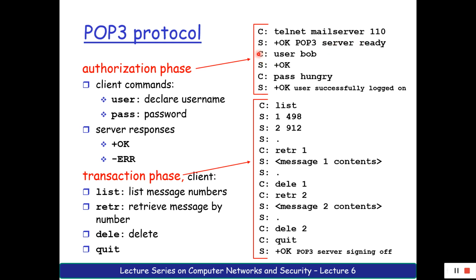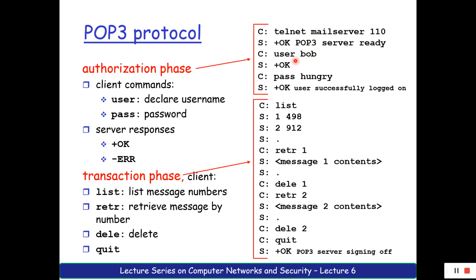Next, the client sends the USER command with the name, that is Bob. Whatever username you have, that username will be sent. So USER space Bob. When this command reaches the server, the server is going to send OK, because the server has an entry for Bob. He is a person who belongs to that particular server.